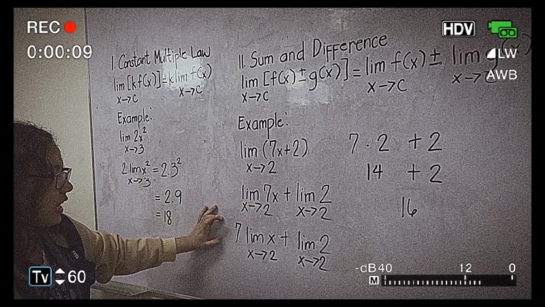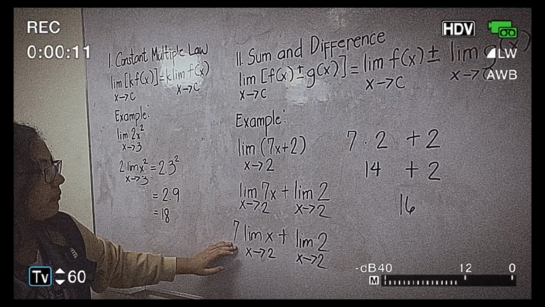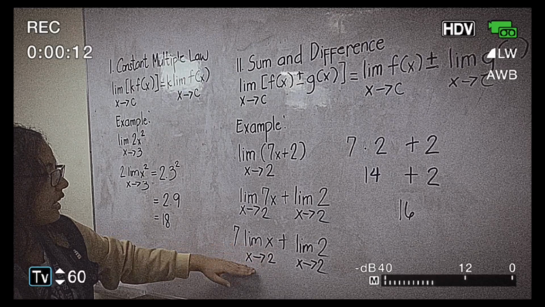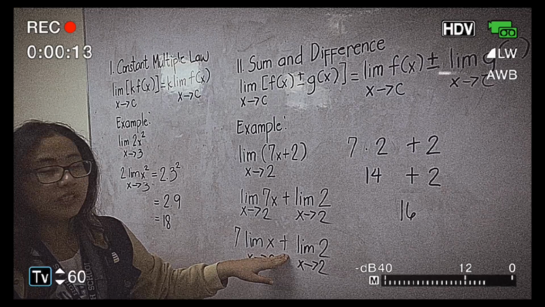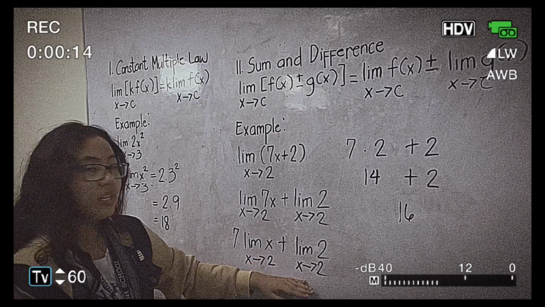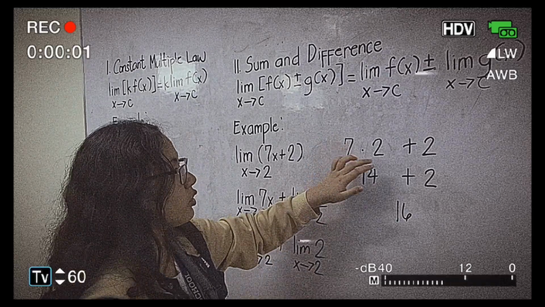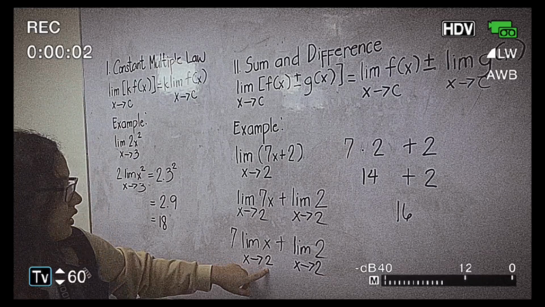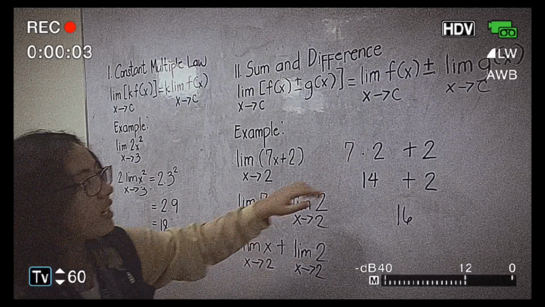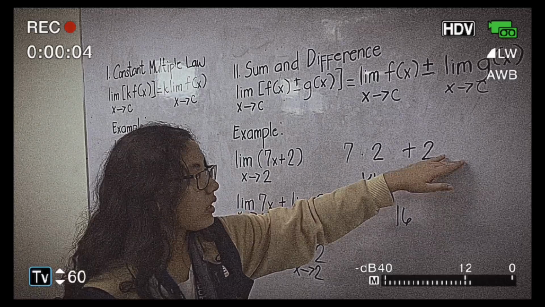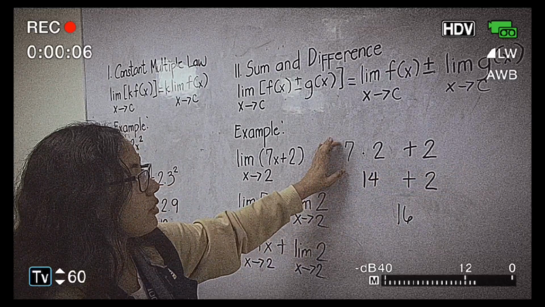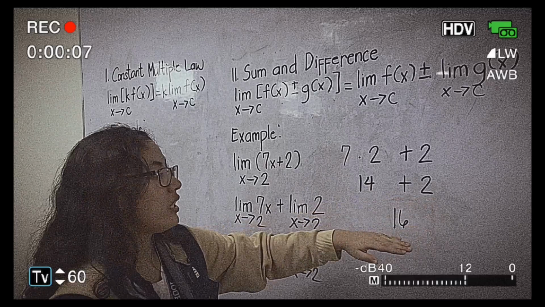Put the 7 outside: 7 limit x as x approaches 2 plus limit 2 as x approaches 2. Now substitute: 7 times 2, as we substituted the 2 to the x, plus 2. Simplify. 7 times 2 is 14 plus 2 equals 16.